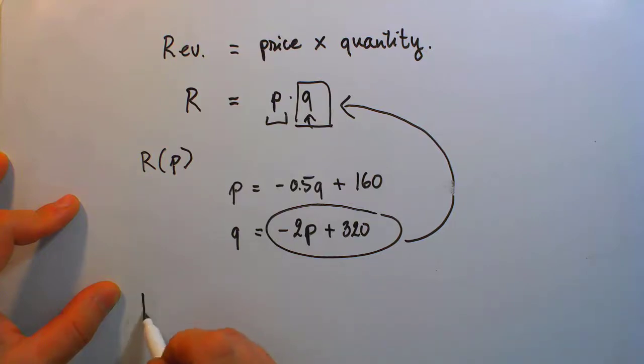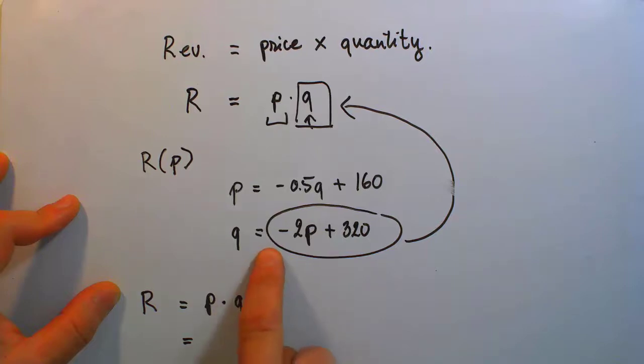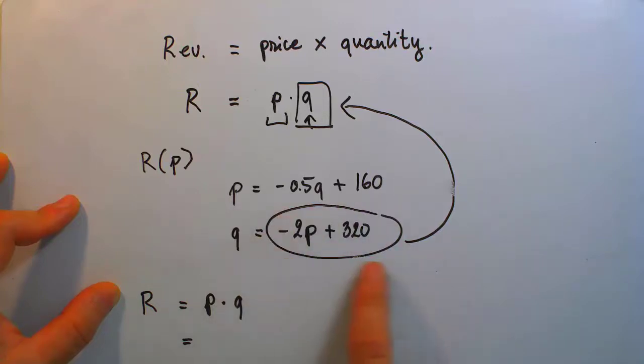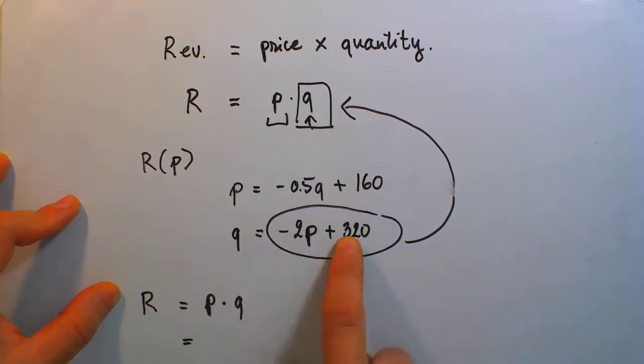Now our revenue, originally P times Q, knowing that Q has an expression in terms of P being minus 2P plus 320, we can represent Q by that expression and substitute it into our revenue function.